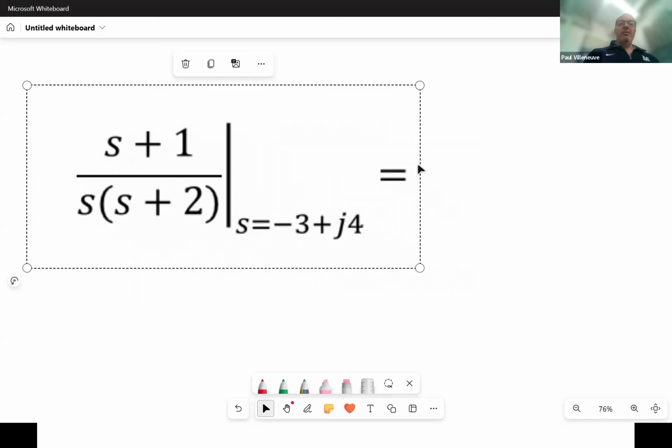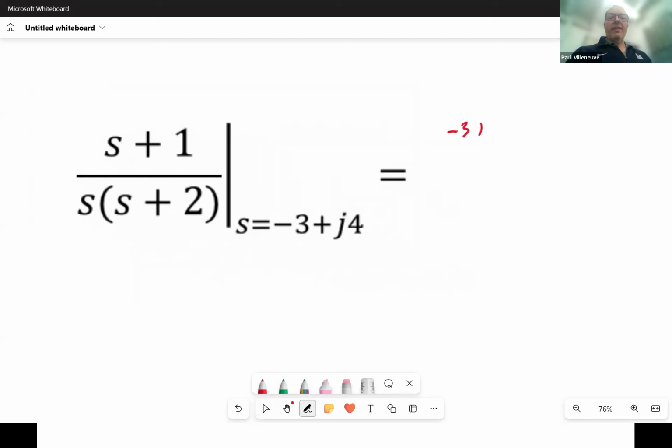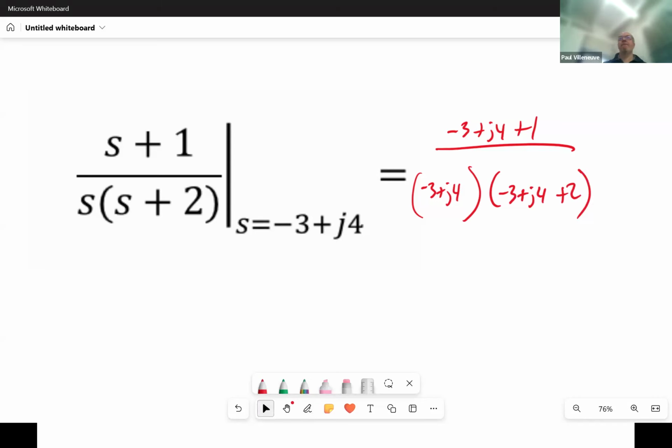Well, the first thing I would do is plug in -3 plus J4 for S, right? So -3 plus J4 plus 1, all over -3 plus J4 multiplied by -3 plus J4 plus 2, correct? If I want to solve for the magnitude and the angle of my transfer function at any particular point, I just plug it in.